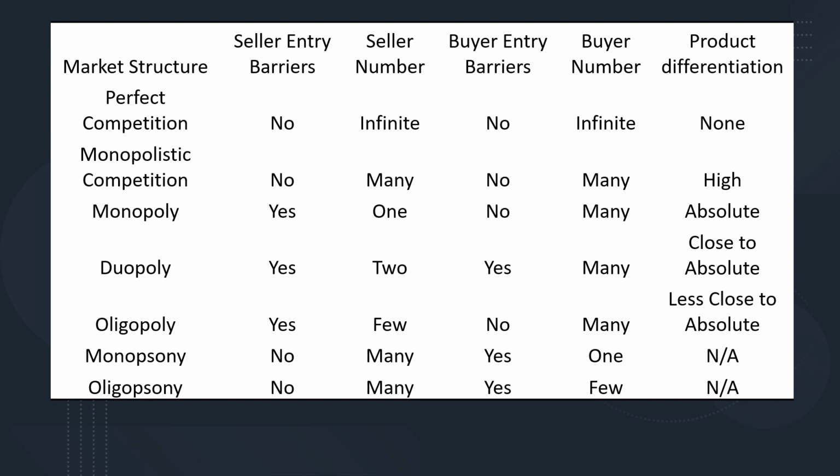Oligopoly. An oligopoly is a market structure in which a few firms dominate the entire market for a particular product or service. Banking industry. In many countries, the banking industry is dominated by a few large banks, such as JP Morgan Chase, Bank of America, and Citigroup in the United States.